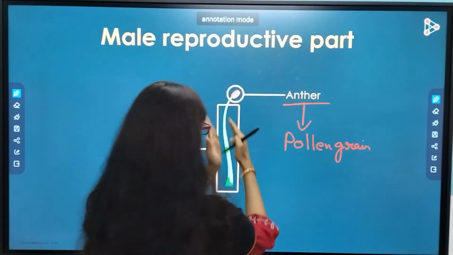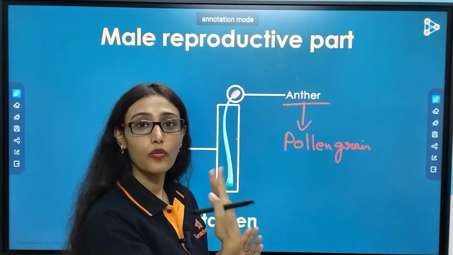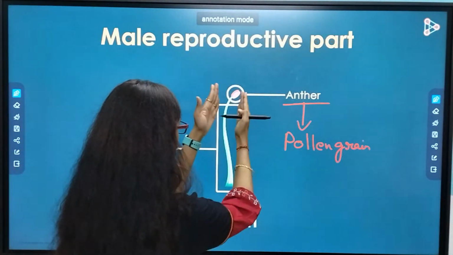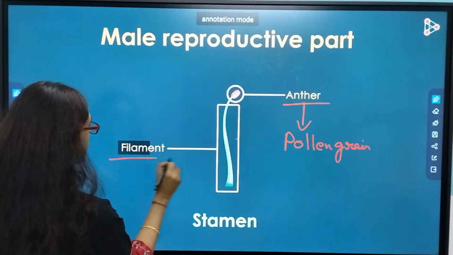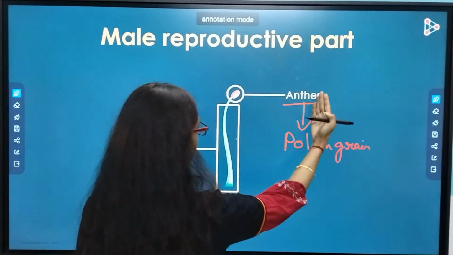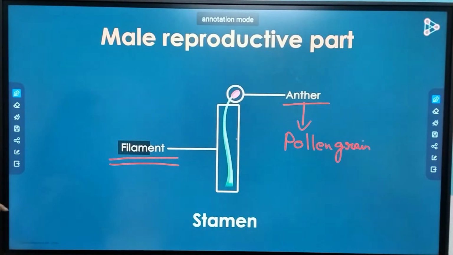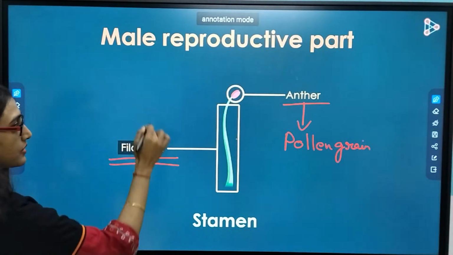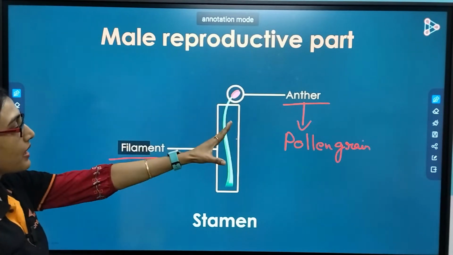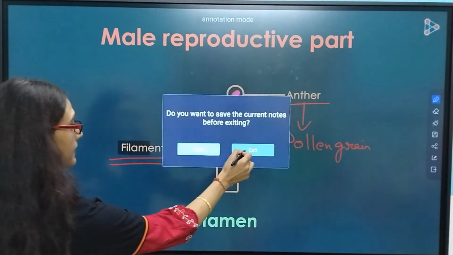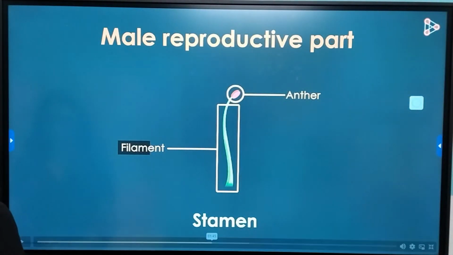And the remaining part, in case of pistil it was style, but here it is filamentous, that is why its name is filament. Anther, filament. Anther produces pollen grains and the full structure, the male reproductive part, is known as stamen. I hope it is clear to you.